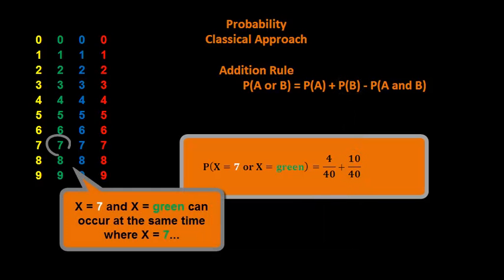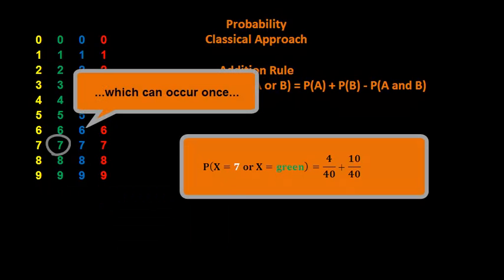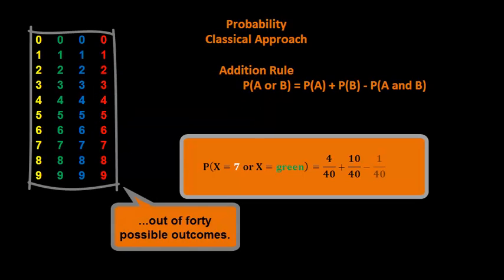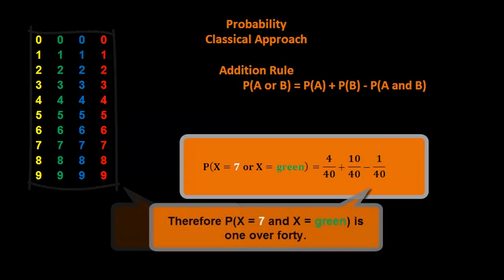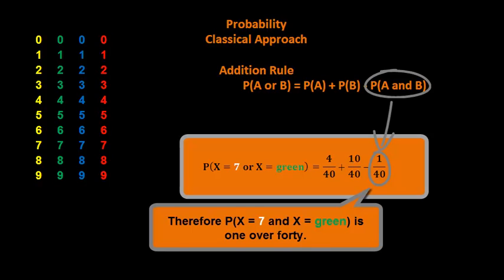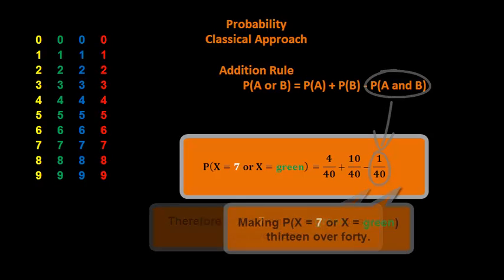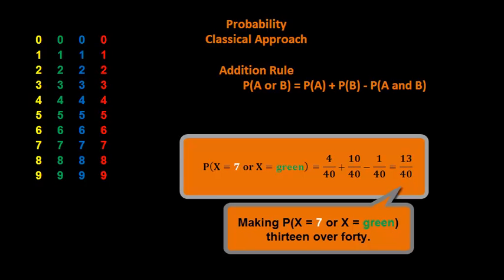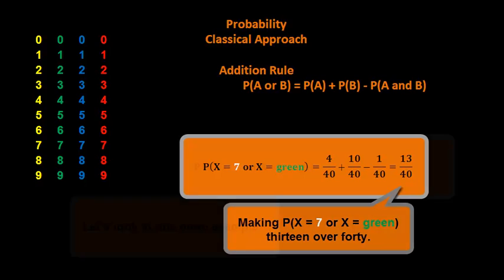X equals any 7 and x equals any green can occur at the same time where x equals a green 7, which can occur once out of a possible 40 outcomes. Therefore, the probability of x equals any 7 and x equals any green is 1 over 40, making the probability of x equals any 7 or x equals any green 13 over 40.